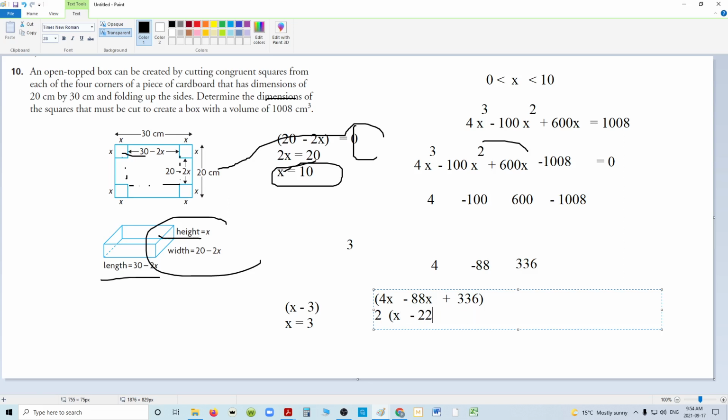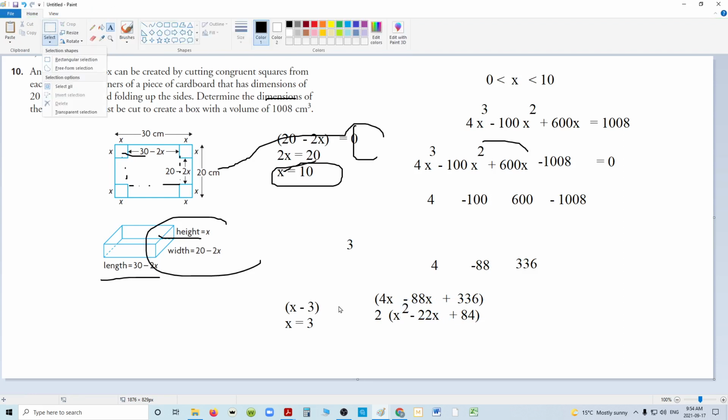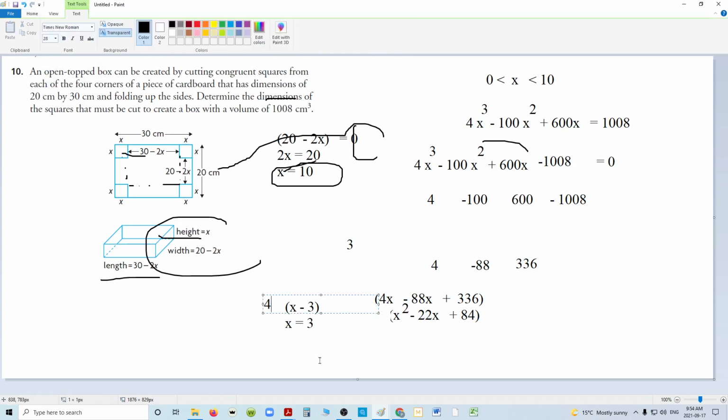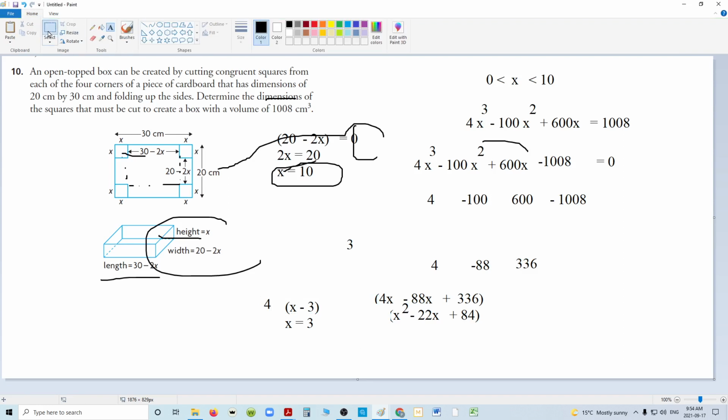Squared. And then when I factor out 4 here, I get 8, 16, 32. So I got 8 and 4. I think that's it. 68. Yeah, that's it. This is squared here. So I can actually factor out a 4, which means there's a 4 in front here. And I'm left with this.